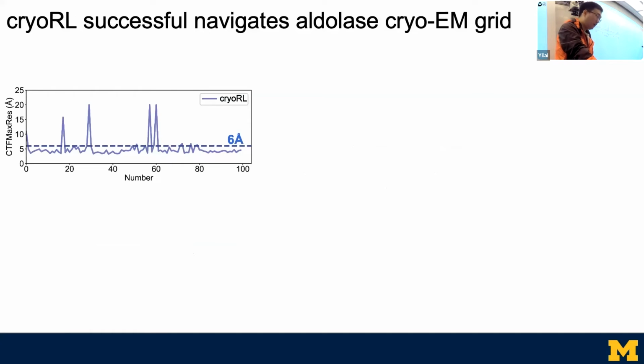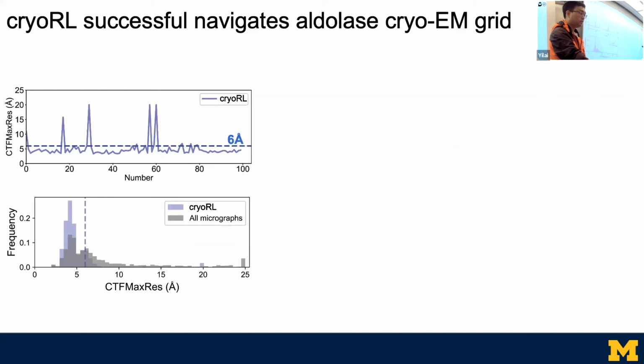We also have some quantifications of cryo-RL's performance. This is the trajectory showing the first 100 micrographs collected by cryo-RL, where we try to collect the data set below 6 angstrom resolution. As you can see, although it makes some mistakes, most of the data collected are below 6.